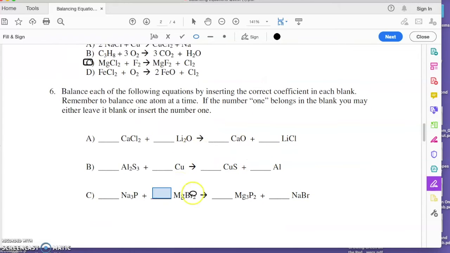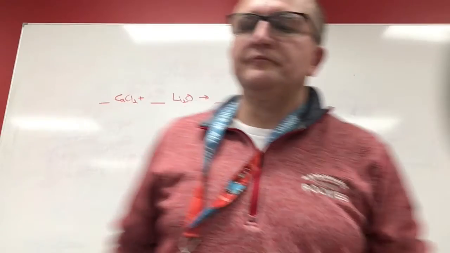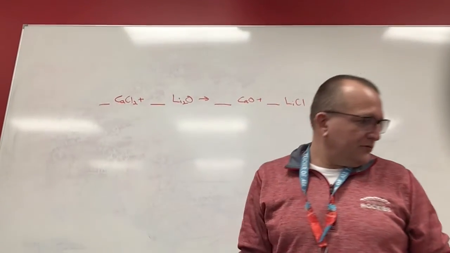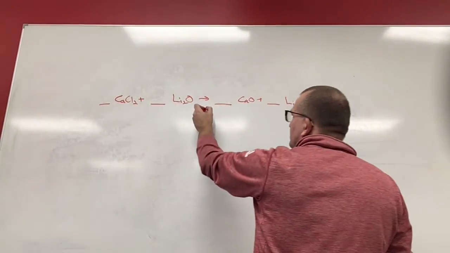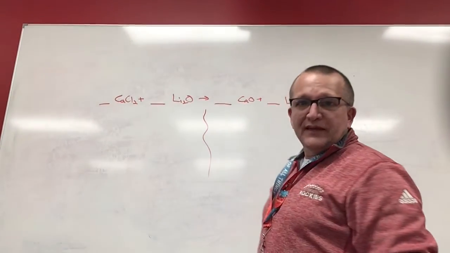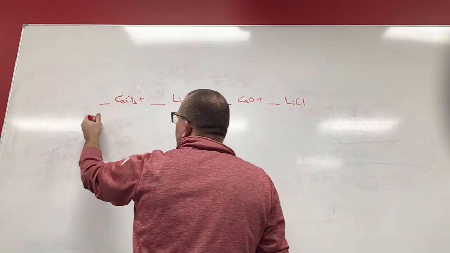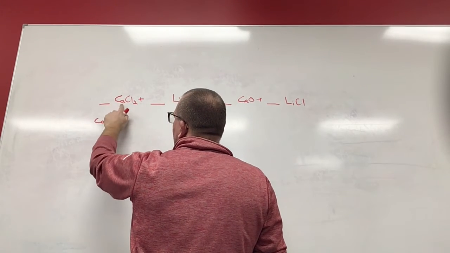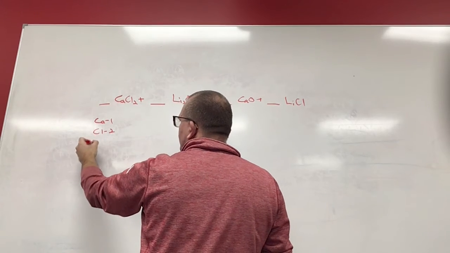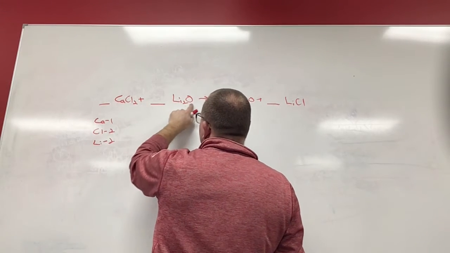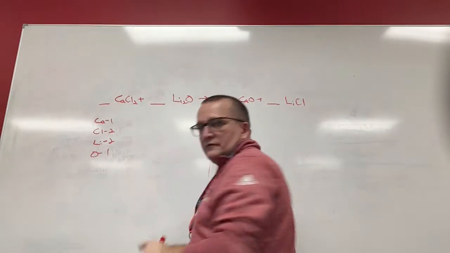All right, so number 6, we're going to balance each of these, and I'll walk through the steps on how to do that. Do it now. All right, so we're at number 6, A, and we're going to balance this equation. Again, we count. Ca, 1, Cl, 2, Li, 2, and O, 1.